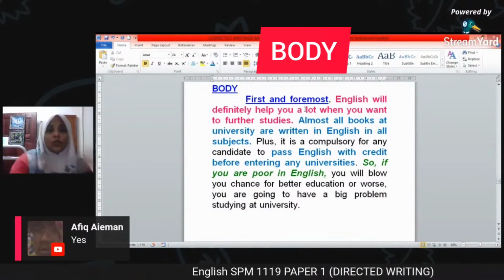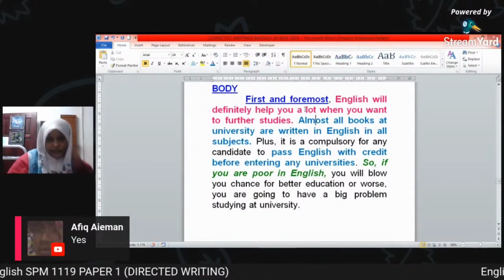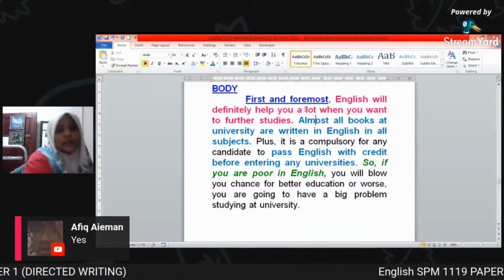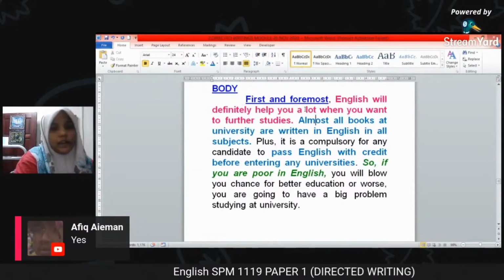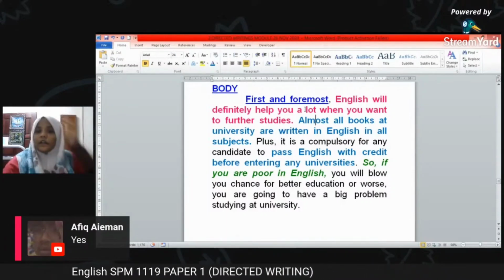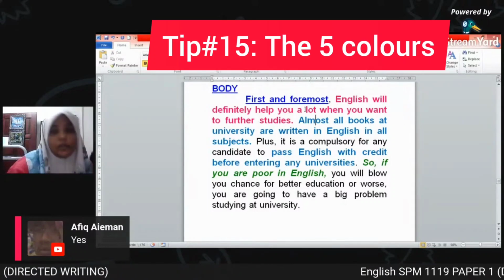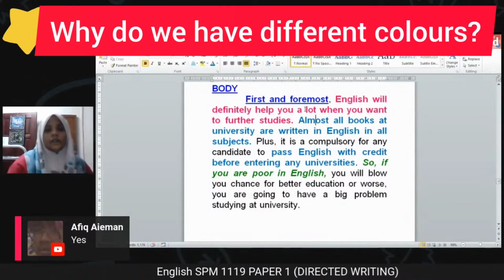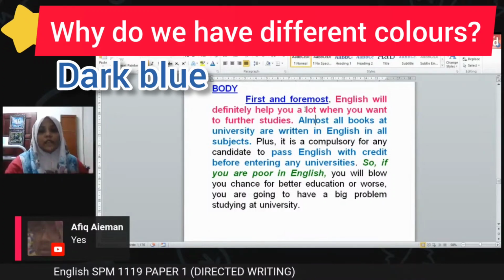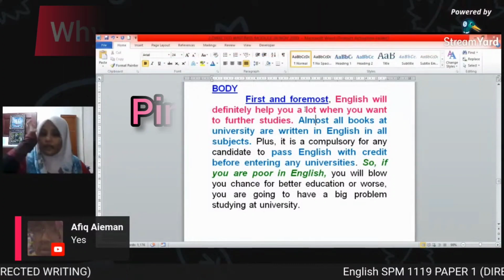Okay, next let us go through the body part. Now why do we have different colors? Dark blue, pink, light blue, and also green and black.